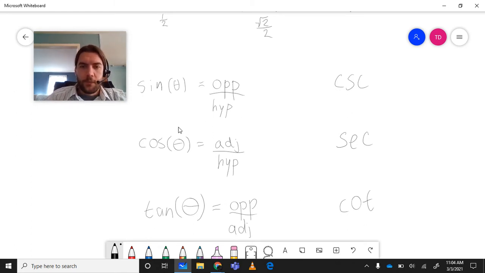And I remember that these two do not follow that pattern. Although I have cosine, and I would think that would go with cosecant because they both have co in them, they don't. That's the best I can do for remembering which goes with which. Cosecant goes with sine, and secant goes with cosine.